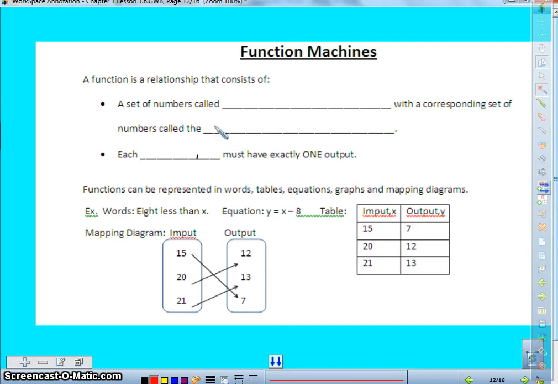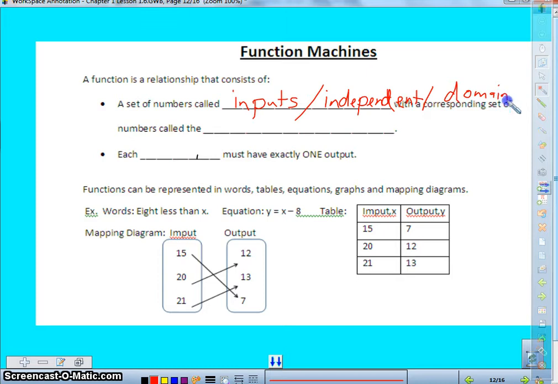Okay, function machines. These are pretty cool. A function is a set of numbers called inputs. You should also be thinking about other names for it: you could have independent, you could have domain.